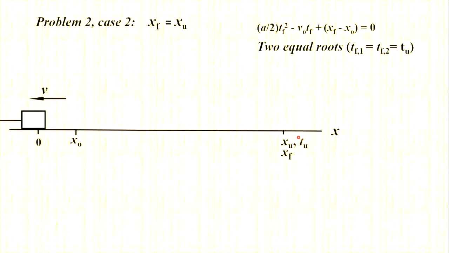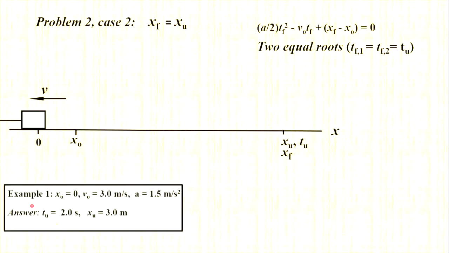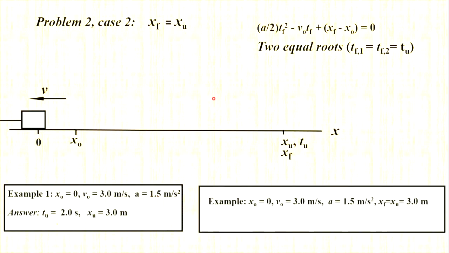Now I would like to remind you of the example which we considered previously, namely problem 1. In that example, we used the following initial conditions and got the answer for tu and xu given here. In terms appropriate for problem 2, we have the following example.